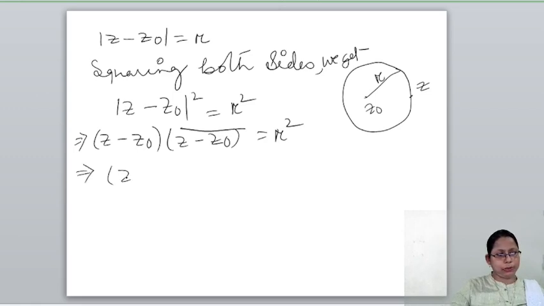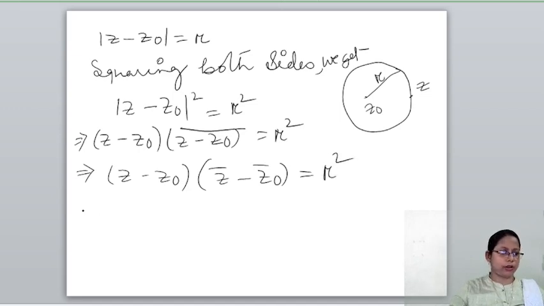Again, using the property of conjugate, we will get z minus z naught into z conjugate minus z naught conjugate is equal to r squared.